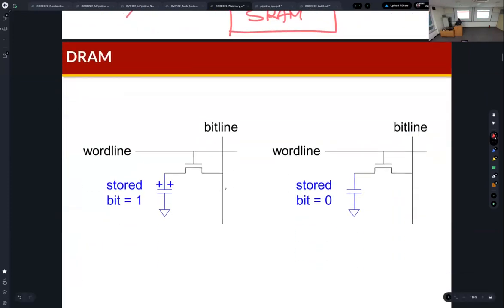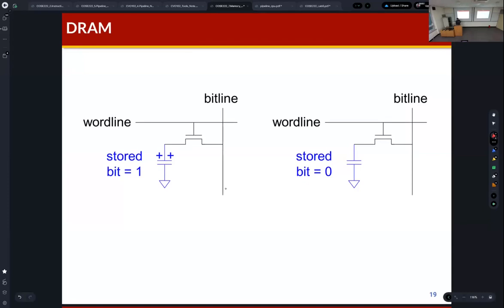So how about the DRAM? This is the structure of DRAM. This is the cell of DRAM. It's different, right? DRAM is composed of one control gate here, and this is the capacitor.